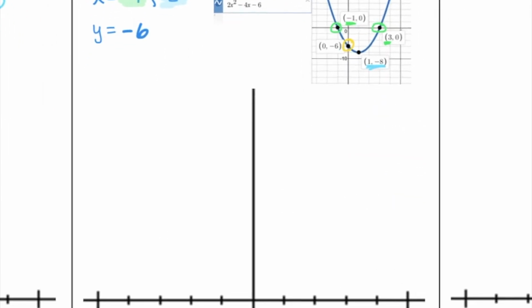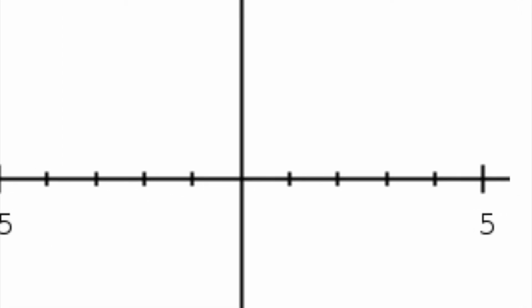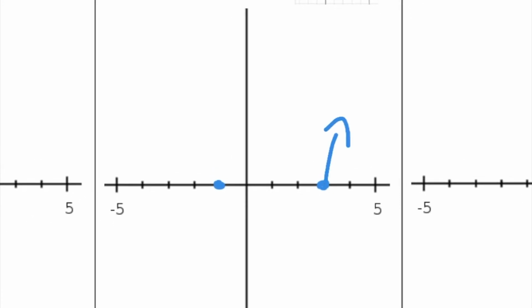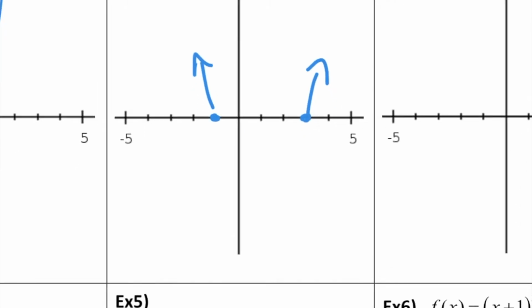So start with your x-intercepts at -1 and +3, and your end behavior goes up, so you kind of want to be thinking in that direction. Your y-intercept down here at -6, and you know that there was a minimum at 1, -8, and those aren't going to be super accurate.